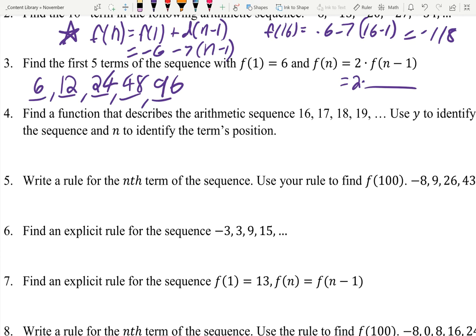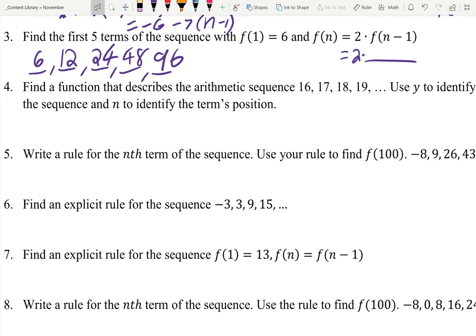Okay. So number 4, find a function that describes the arithmetic sequence 16, 17, 18, 19, etc. So let me look at this one on the actual test real quick. Okay. Now, a heads up, on the review, this is going to be a little different than your answers on the test.